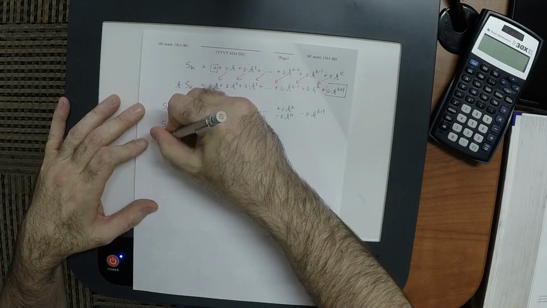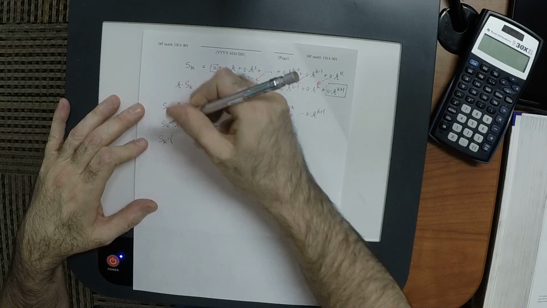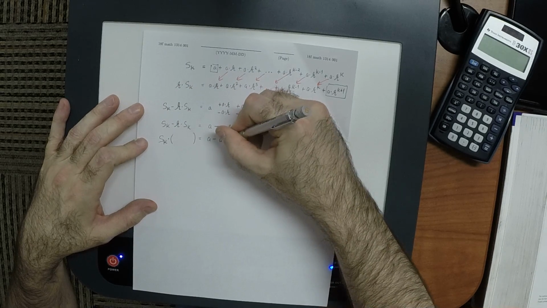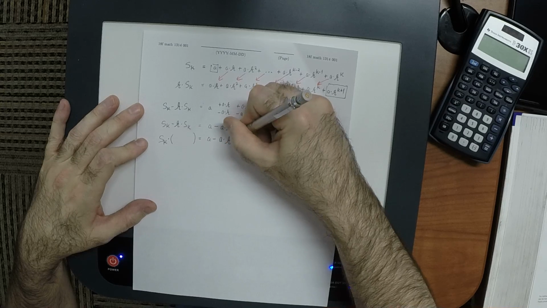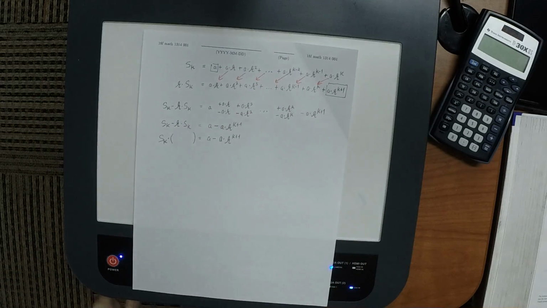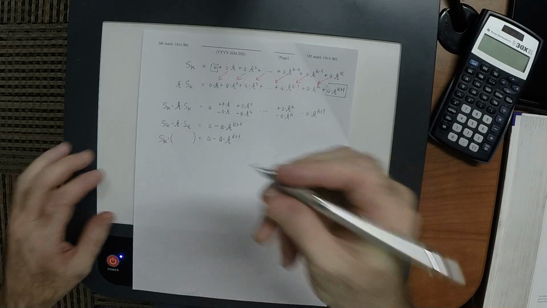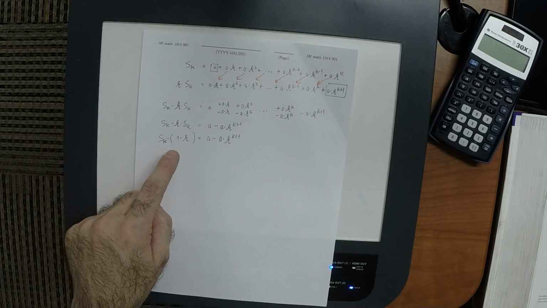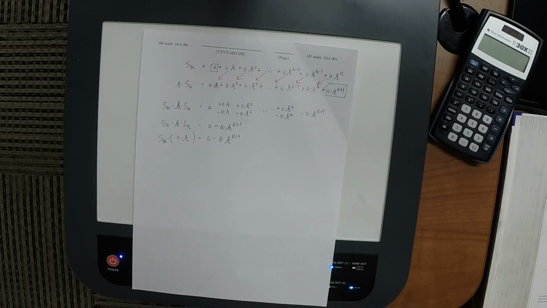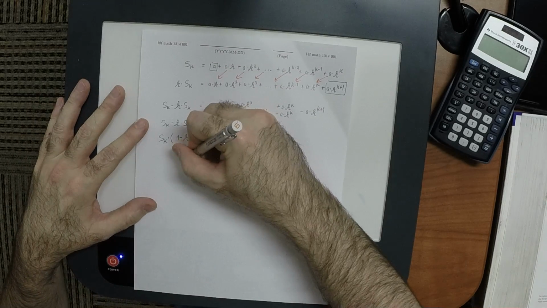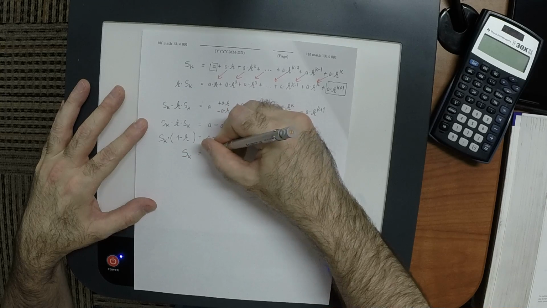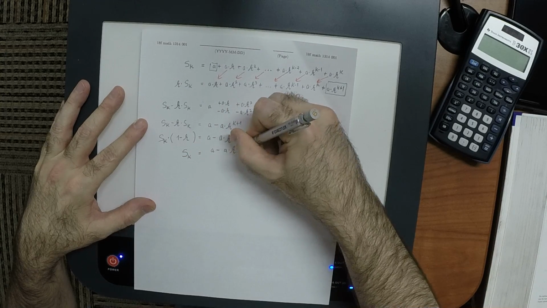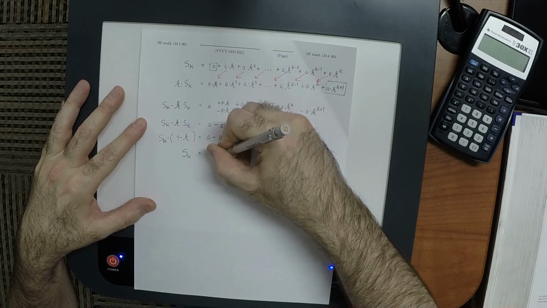So if I factor out SK, then what do I need to write in those parentheses? 1 minus R. And so now I can solve for SK, right? So that means that SK is A minus A multiplied by R to K plus 1, over 1 minus R.